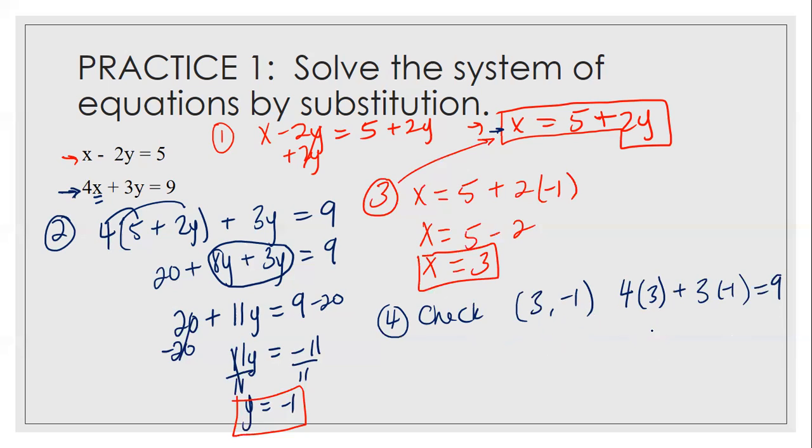What's 4 times 3? 12. What's 3 times negative 1? Negative 3. Does 12 minus 3 equal 9? Yay, it does. So that means we did it right.